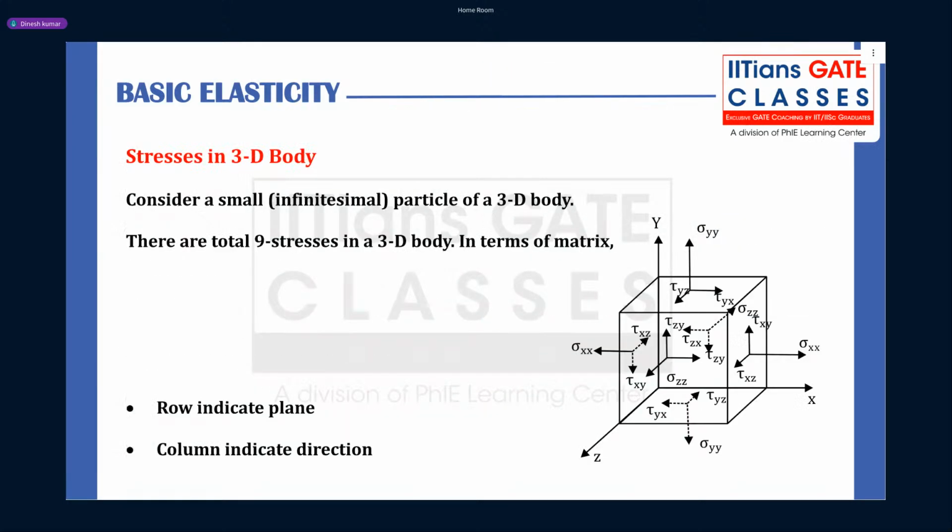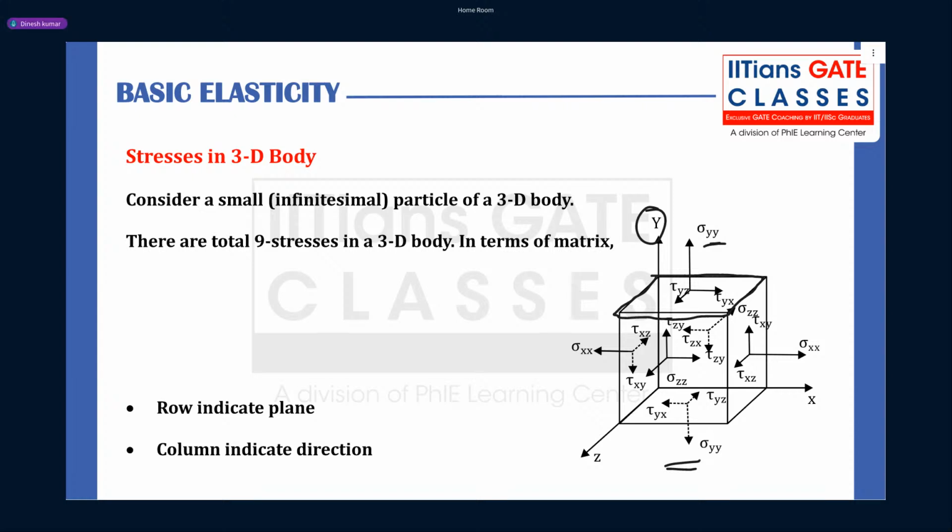So we have just written our stresses on two planes only, but similarly you can write the stresses over all the planes in a three-dimensional body. You can see this figure clearly, right? If you take this plane, the surface perpendicular to it is y, the xz plane. The plane is y, the direction is y, so it is sigma yy.